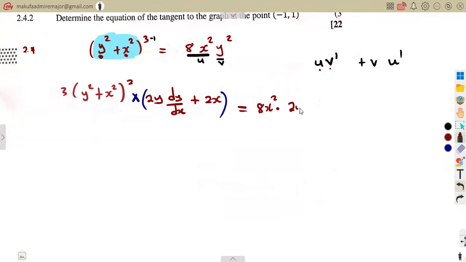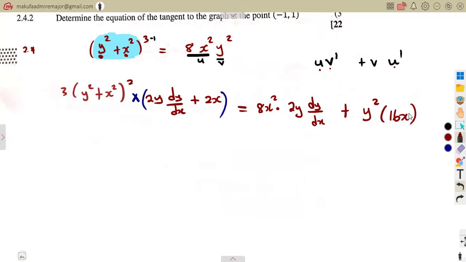So it's going to be 2y times the derivative of y with respect to x, because we do not have x there, plus v, our v, which is y squared, times the derivative of u. u is 8x squared, so that one is a function of x. You just differentiate as usual, 2 times 8, which is 16x.